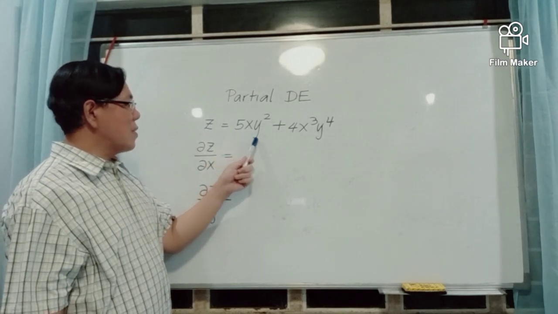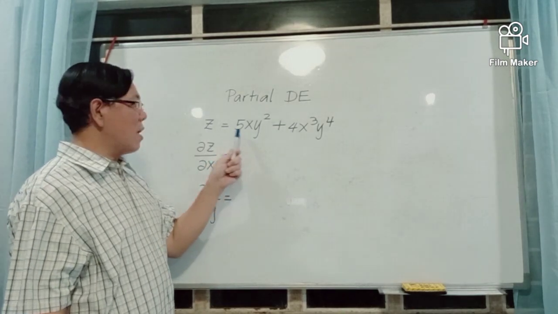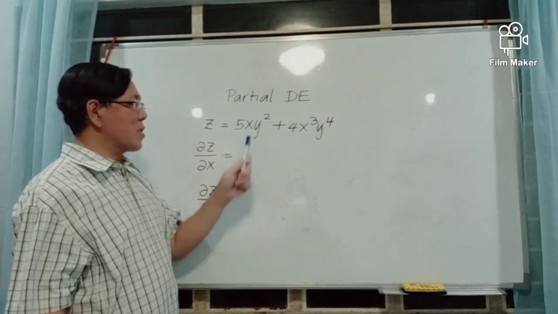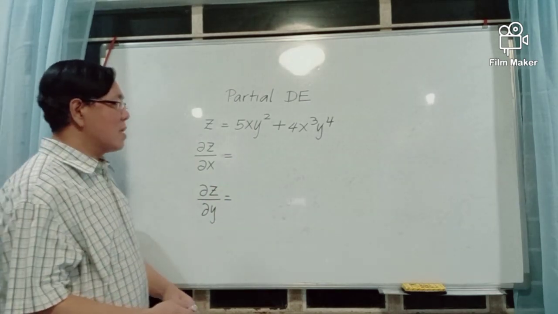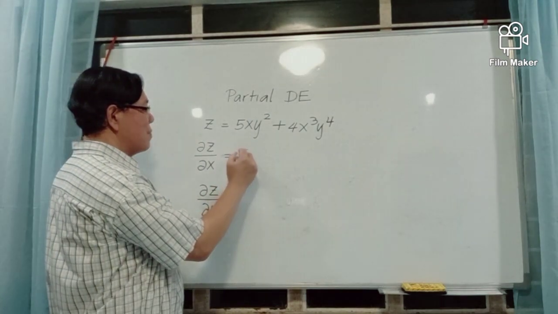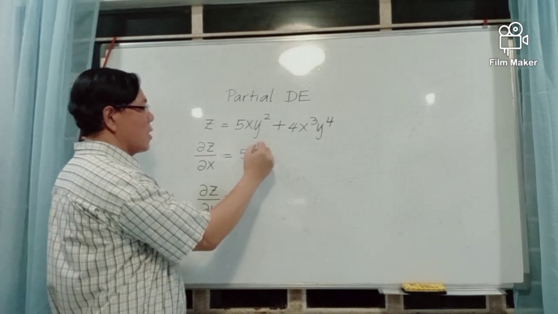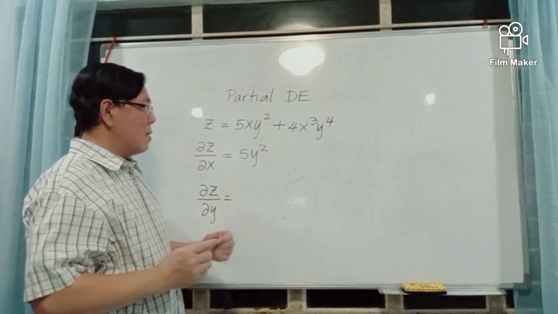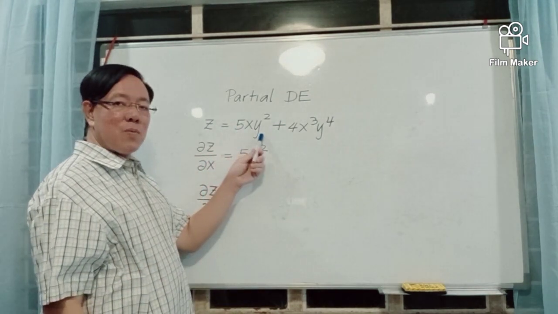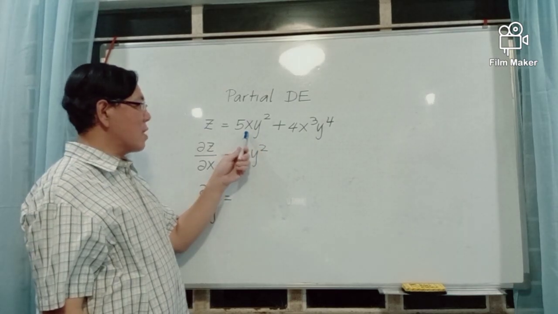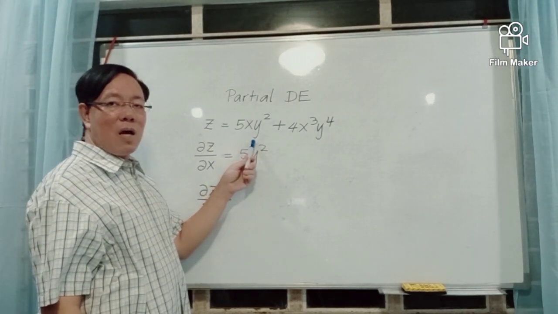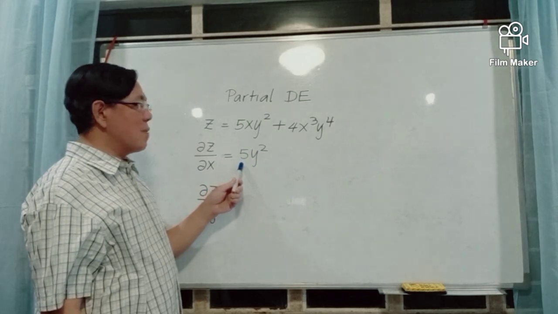So 5y squared is a constant, and we differentiate this with respect to x. The derivative of the first term with respect to x, considering y squared as a constant, is 5y squared.